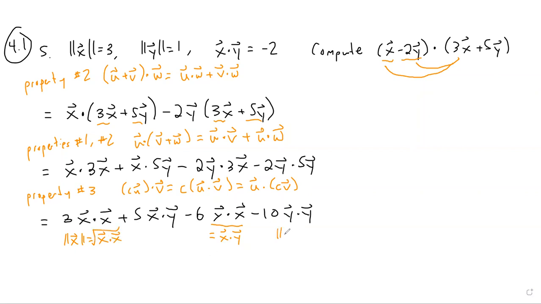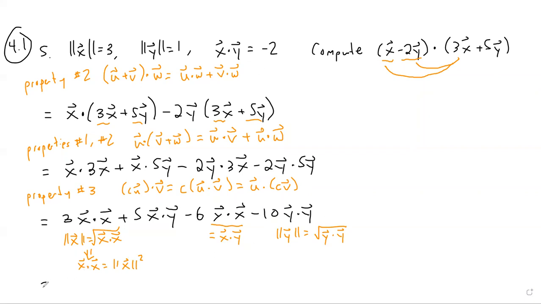And the length of y is the square root of y dotted with y. And so what those mean is that x dotted with x is actually the length squared. And then similar for the y's. So it's just going to be those values squared.